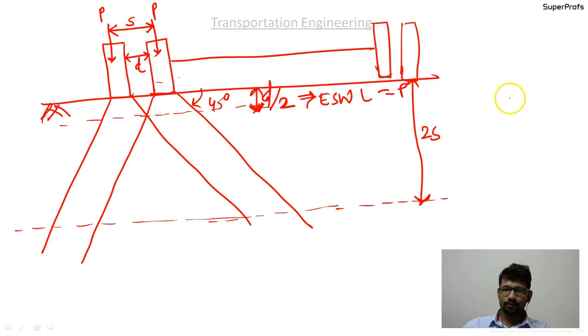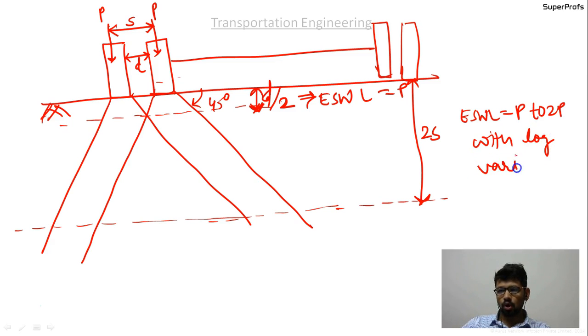It varies from P to 2P with log variation. It is very important.